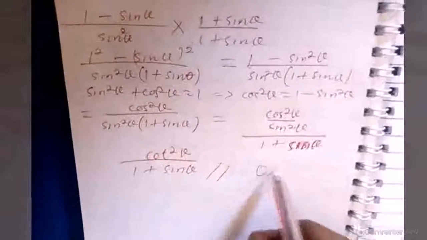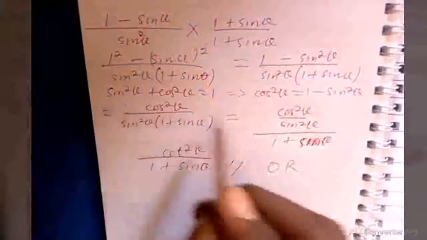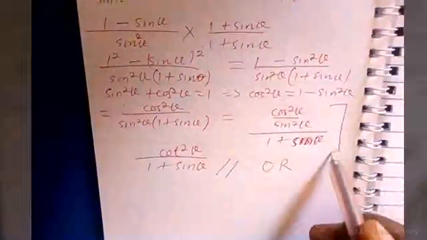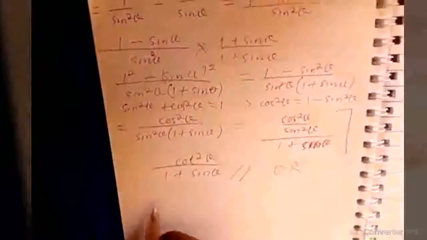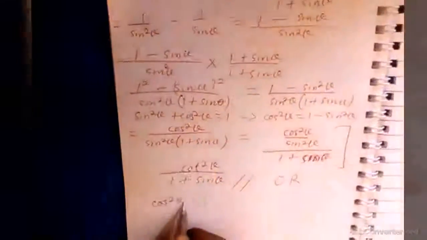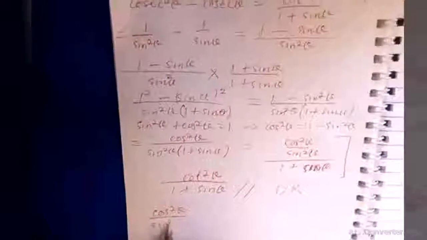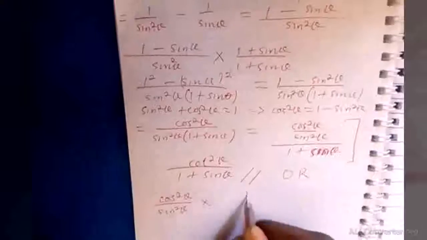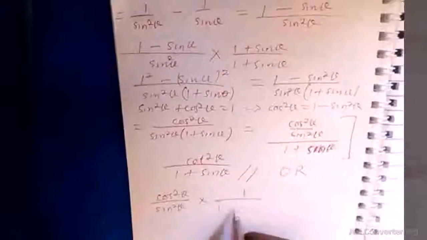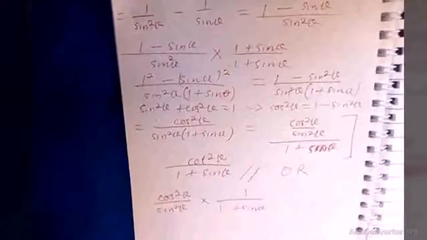Somebody may say, from here I just did some mathematical maneuver. If you don't want to follow this procedure, you can say that from here, this is cos square theta over sin square theta, then times 1 over 1 plus sin theta.